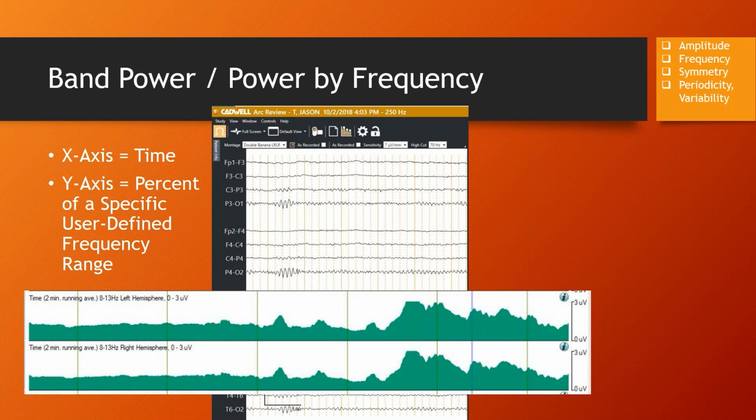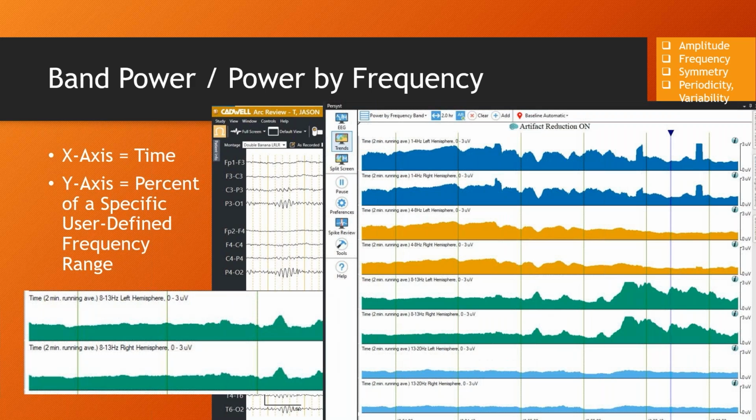Well, we're measuring the scale in amplitude. We are looking at a specific frequency, so we can see the frequency information. We've got symmetry, this is the left side over the right side, so we could tell that this normal study is very symmetric. And with regard to variability, it's variable without appearing to be periodic in any great way.